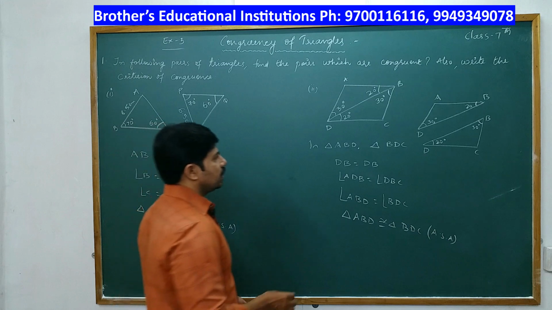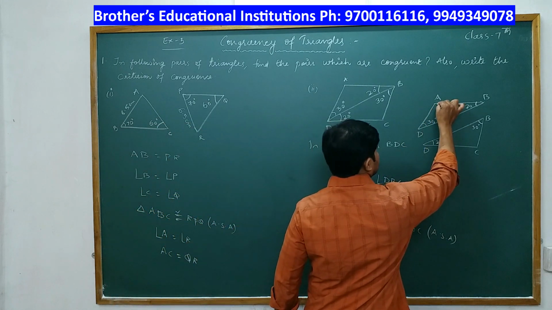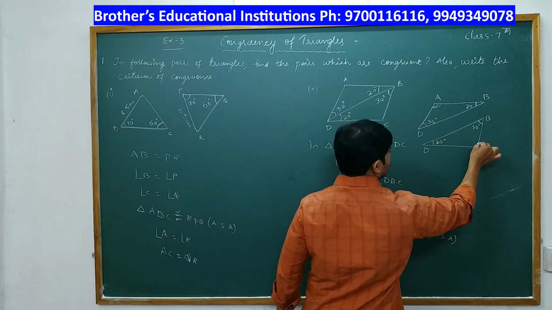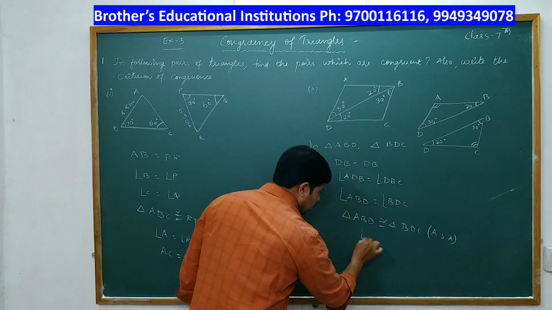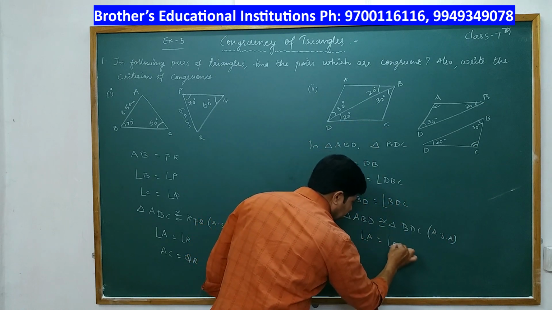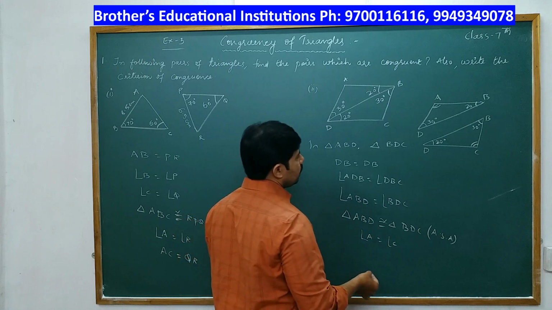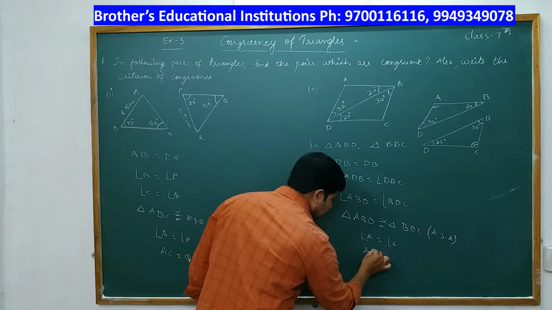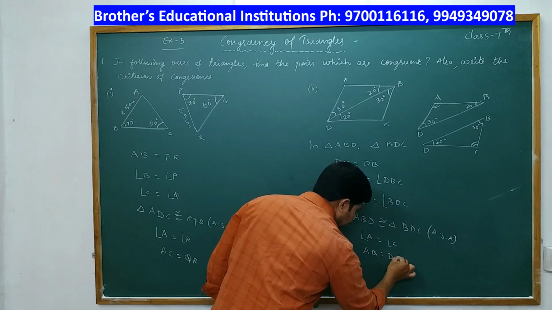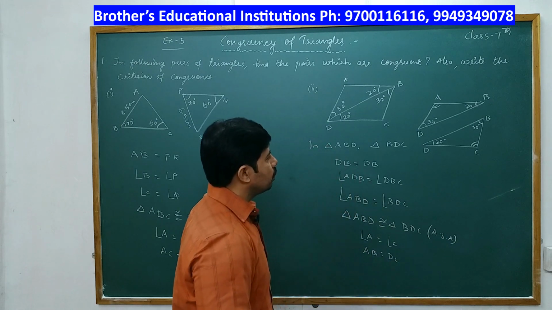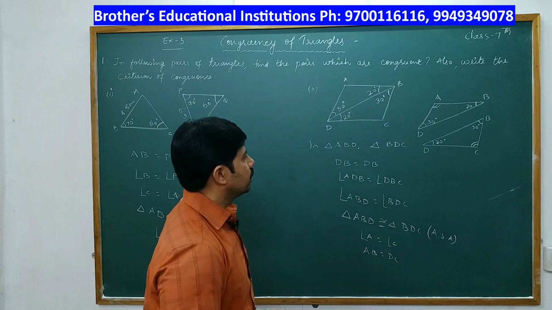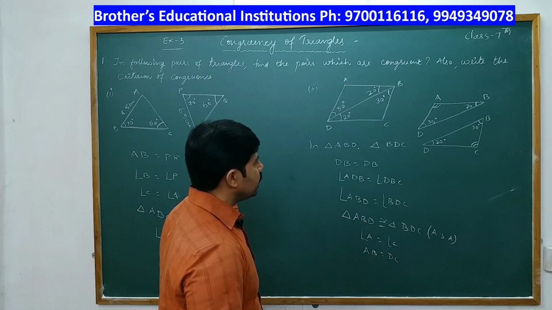We can say angle A is equal to angle C, and we can write AB is equal to DC, right? And we can also write AD is equal to BC.